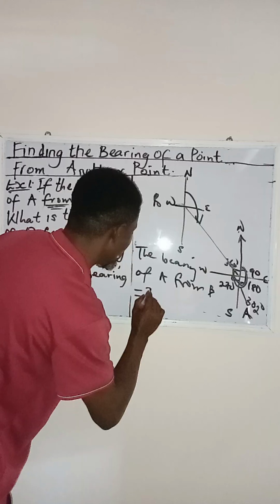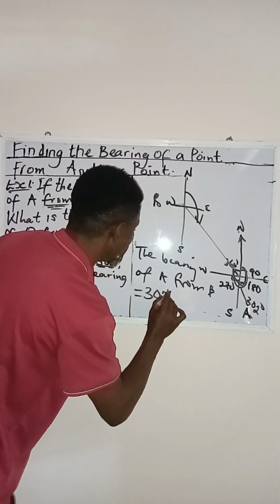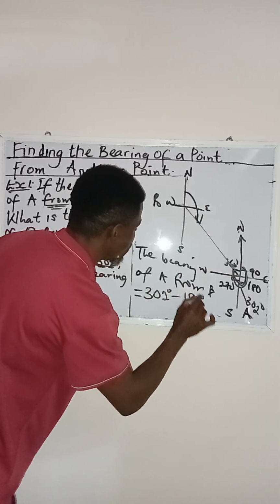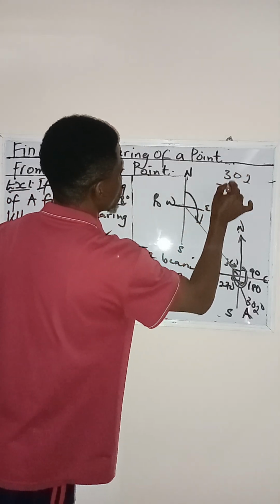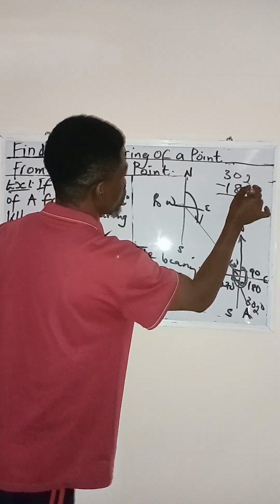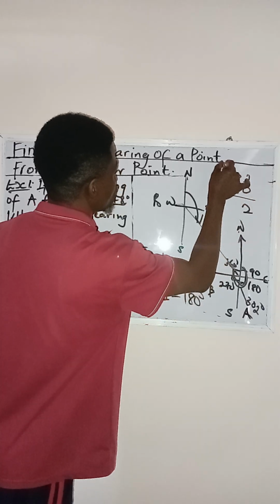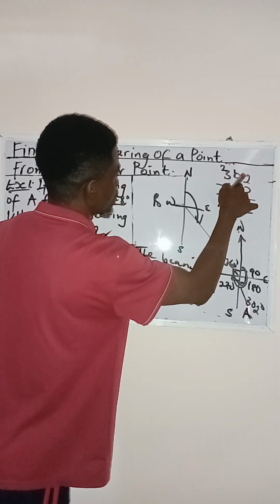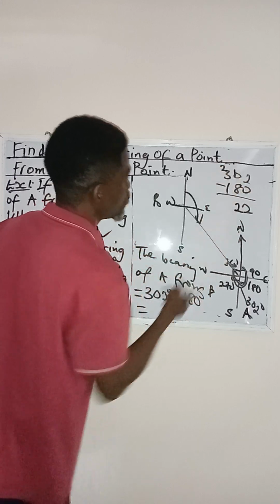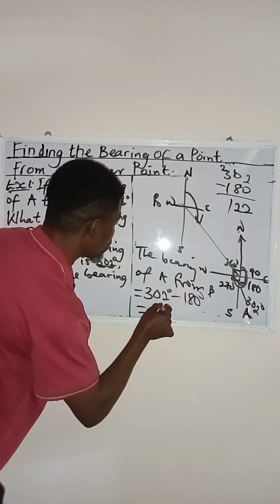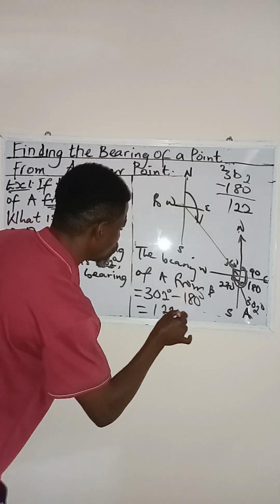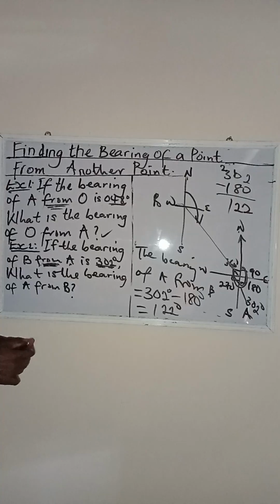So you are going to say 302 degrees minus 180 degrees. So let's minus it. This one gives you 2. You borrow from this one. 10 minus 8 is 2, and this one gives you 1. Therefore, the bearing of A from B is 122 degrees.